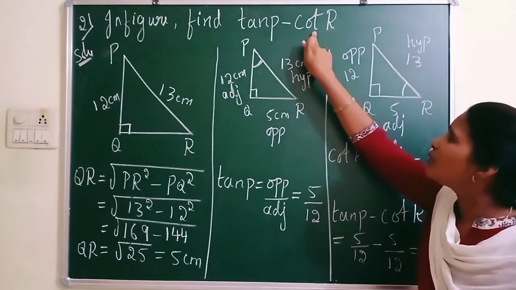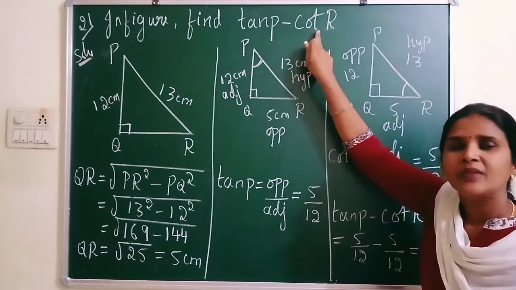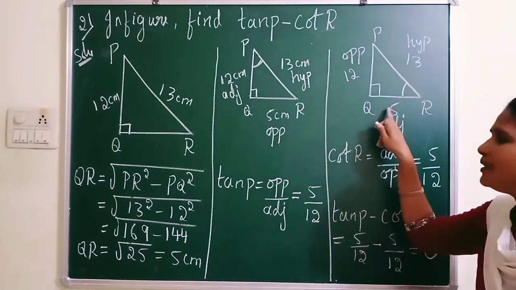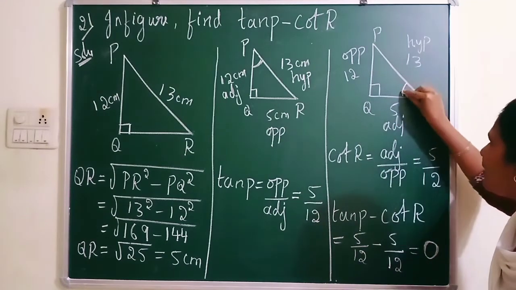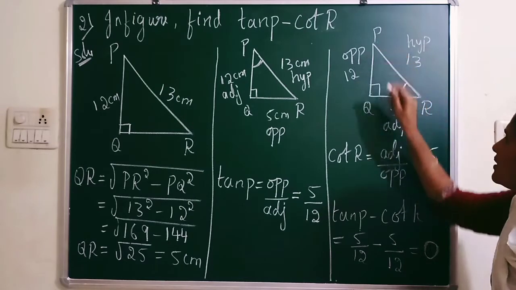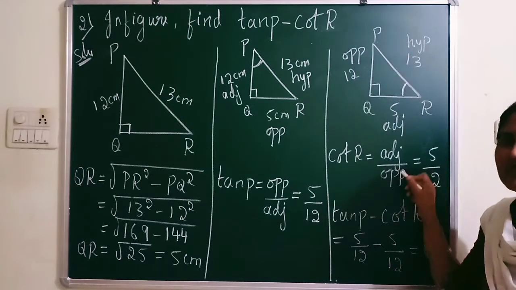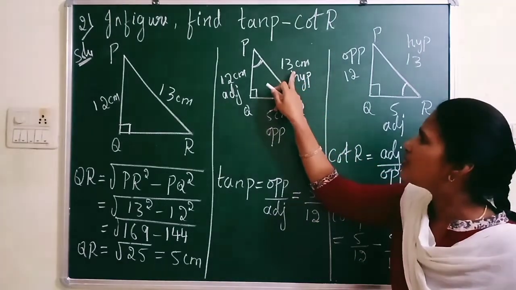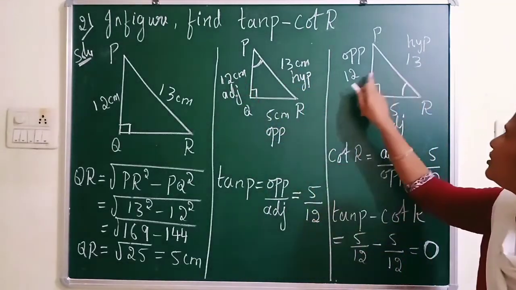Now see that in the question the next term is cot R. For cot R, R will become the acute angle. So I have drawn the diagram again. When R is acute, PQ becomes opposite and QR becomes adjacent. Once you compare these two diagrams, I never change the values 13, 12, 5.